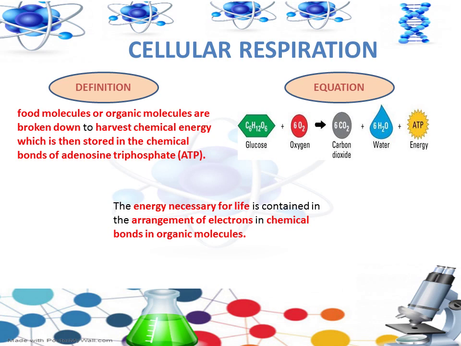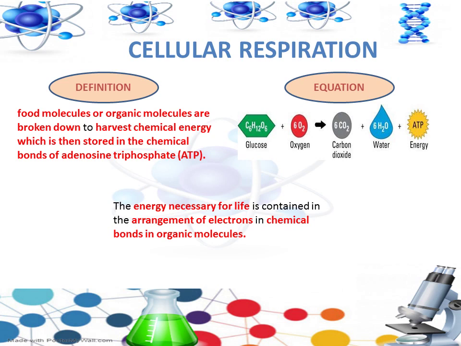Besides the definition, you also need to know the equation. Here I put the diagram of the equation. C6H12O6 refers to glucose. Glucose is the food molecule. Anything you eat in the form of food actually contains glucose. Plus 6O2. Remember what I said, cellular respiration, in order to happen, must have the presence of oxygen. And where does this oxygen come from?